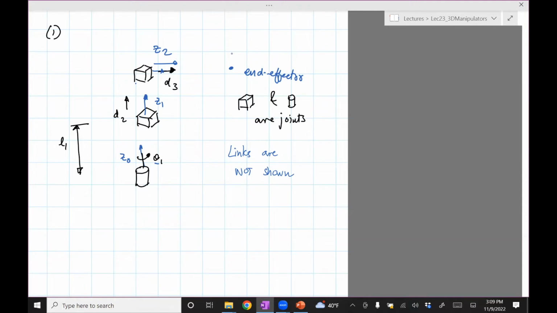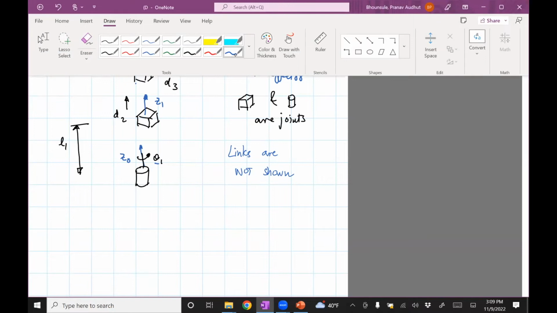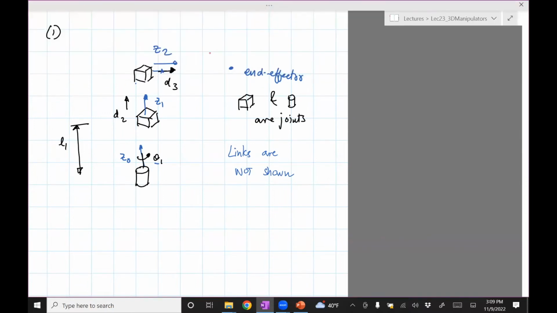Next is assign the base frame. The convention is you can assign X0 whichever way you want. It doesn't really matter. Just ensure that it is at right angles, right? Here I chose to assign it in this fashion, X0, but anywhere is fine. You could do it anywhere in this plane.